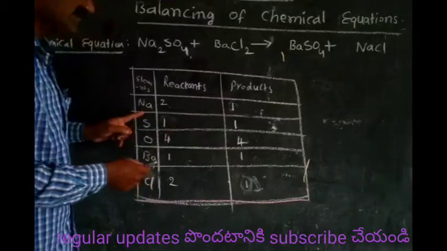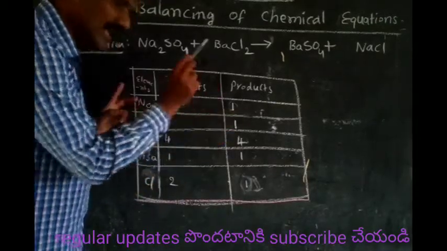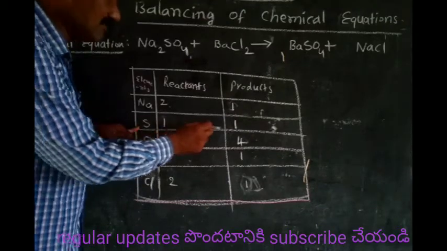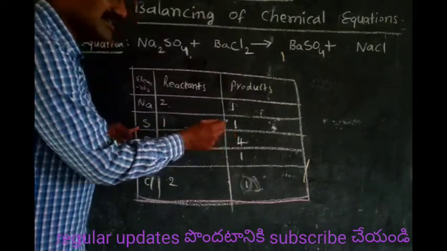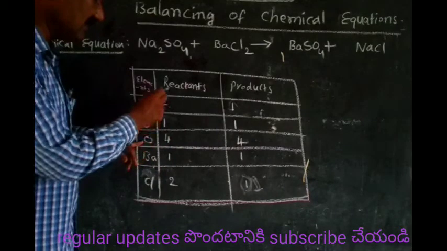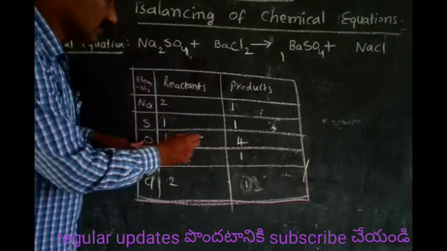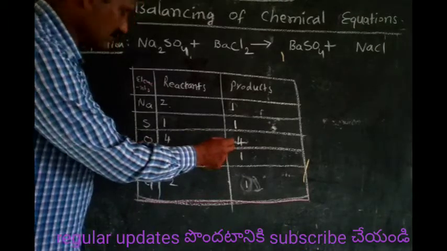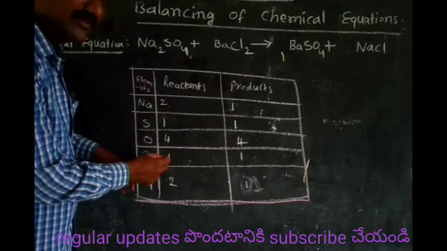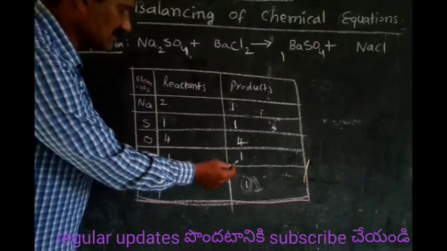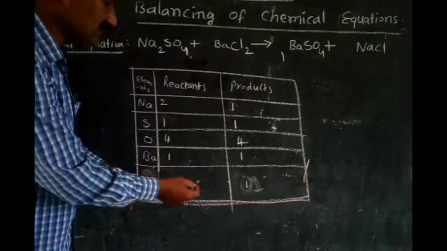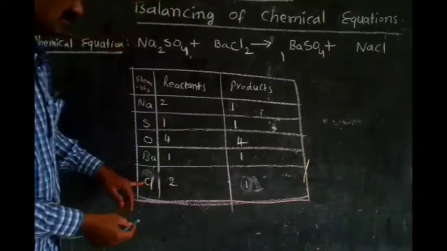That's why sodium is not balanced. Sulfur in the reactants 1 atom, in the products also 1 atom. Oxygen, in the reactants 4 and in the products also 4. Barium in the reactants 1 atom, in the products also 1 atom. Chlorine 2 atoms in the reactants, 1 in the products.